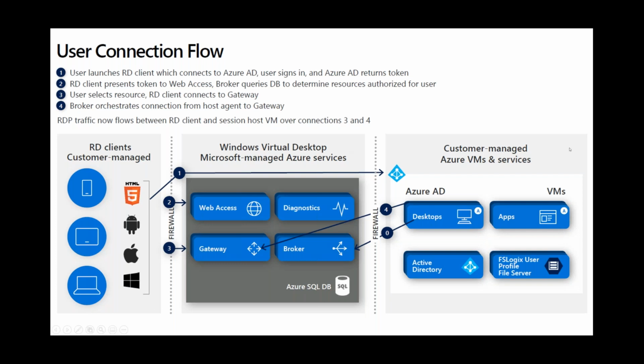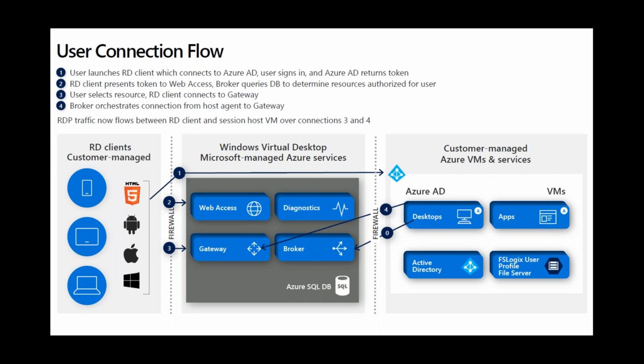The good thing about this is you do not need to open any inbound ports, because it's like a reverse connection. What's happening is that agent is listening outbound. It's an outbound HTTPS connection on port 443, listening to that Microsoft hosted gateway service. When that sees an incoming connection from that gateway service, it lets it into the environment.